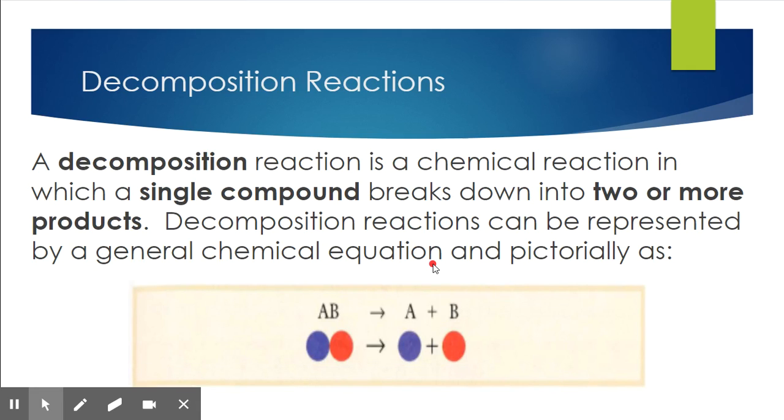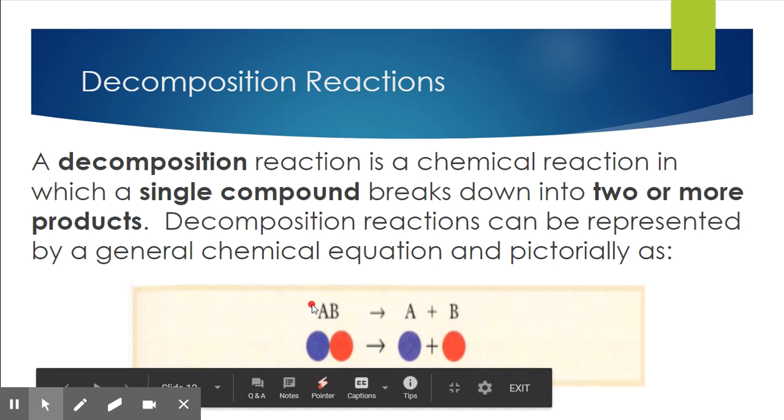Now, the second one, a decomposition reaction, is a chemical reaction in which a single compound breaks down into two or more products. Decomposition reactions can be represented by a general chemical equation and pictorially. Okay, as you can see here, this is the opposite of a synthesis reaction.